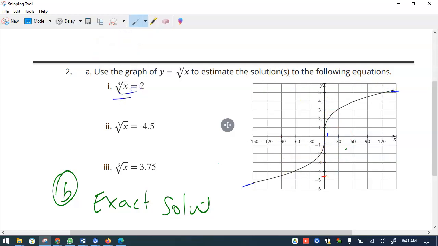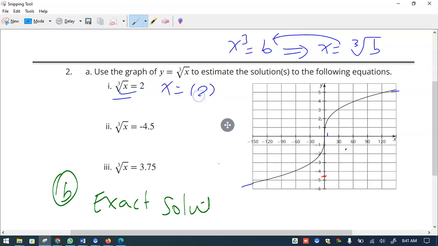So if this is the case, you cube both sides. That means, remember, if x cubed is b then x is cube root of b. So this is going backwards. That means x here is 2, the b, this b.